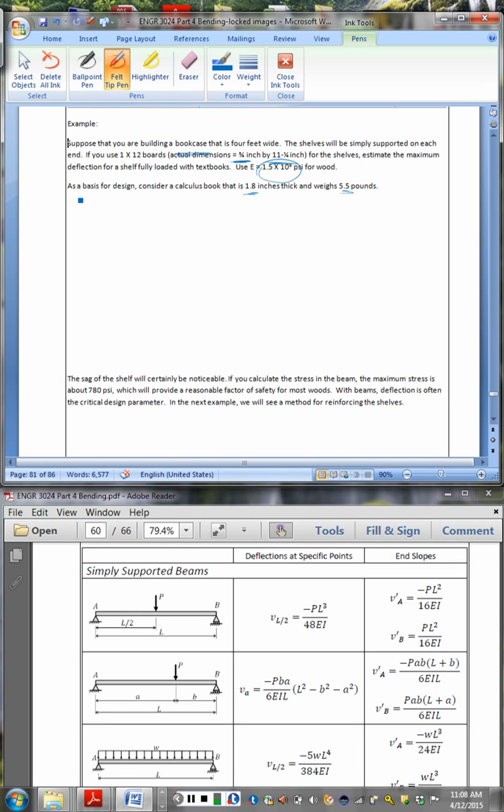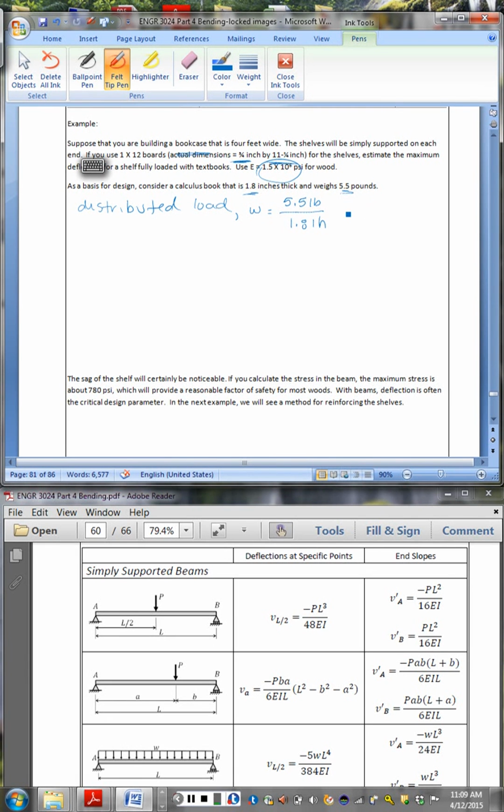and weighs 5.5 pounds. So one of the first things we need is the magnitude of the distributed load. And distributed load has to end up in units of weight per length, or force per length, and that is W, and we have 5.5 pounds for every 1.8 inches.